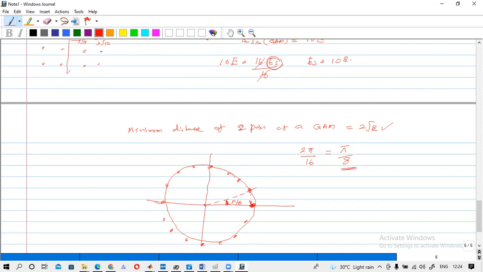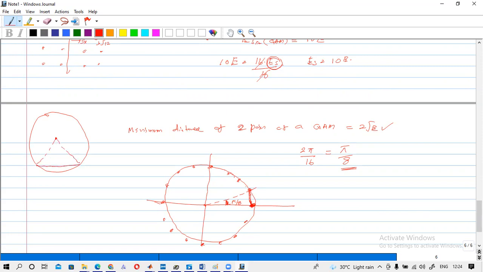Now how to find this distance? Actually that is related with geometry, I can't remember the name.